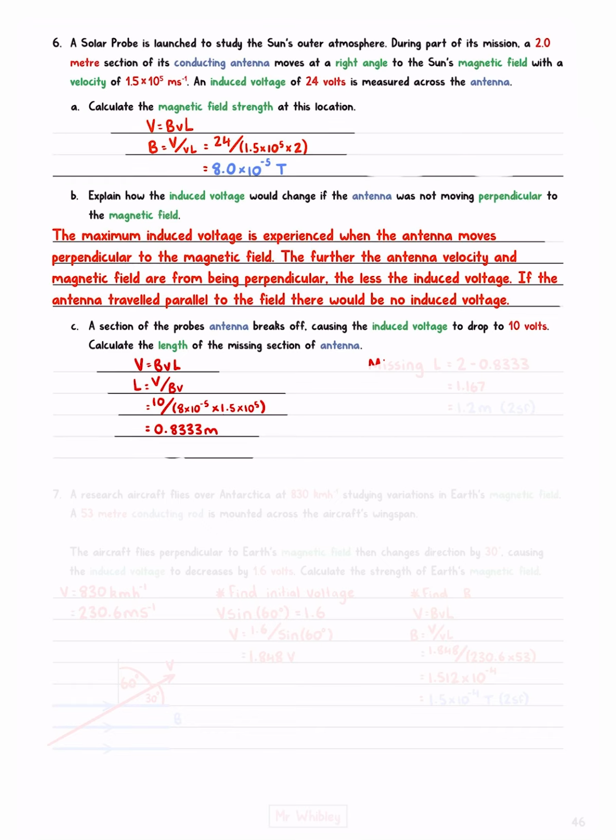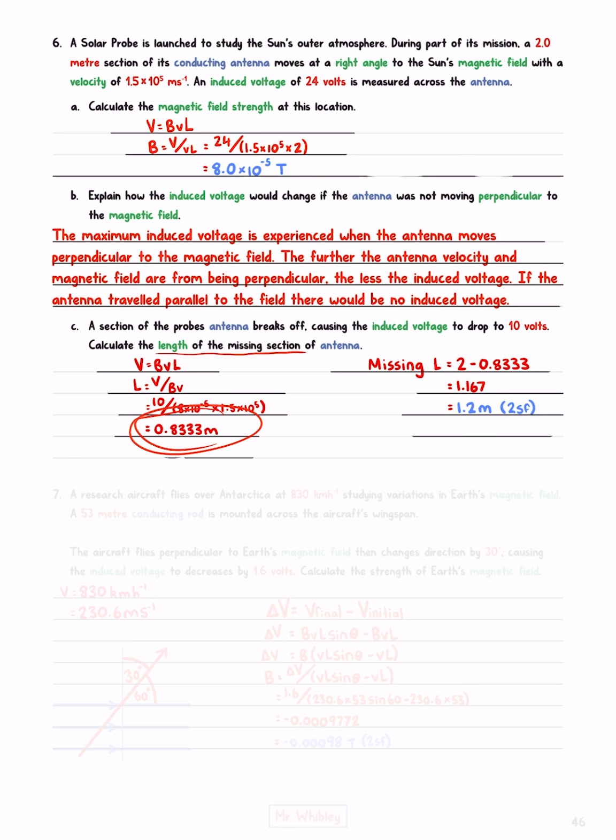And now we aren't asked for this length here, we are specifically asked for the length of the missing section. To find our missing L, we start with our initial length of 2 meters and subtract our remaining length, which gives us 1.167 or 1.2 meters to two significant figures.